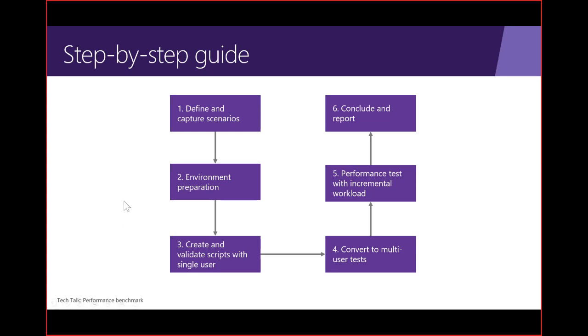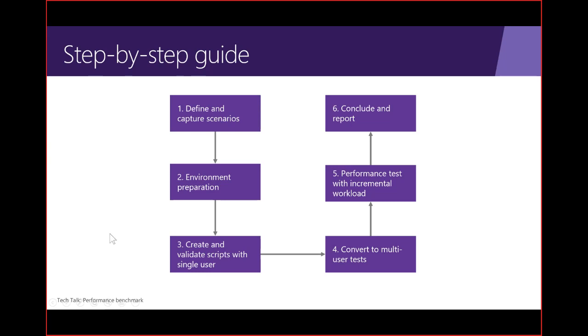And then you will move to the environment preparation. The environments involved here will be the development environment as well as your performance testing environment. The performance testing environment could be a tier 2, tier 3, tier 4, or tier 5. It depends on the concurrent users you want to test and any peak transaction volume you need to handle during the test.